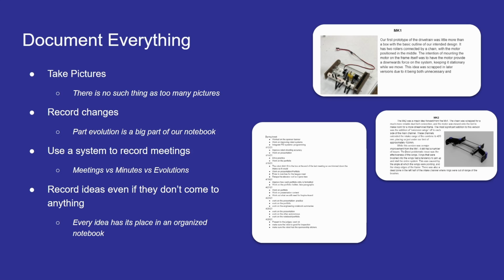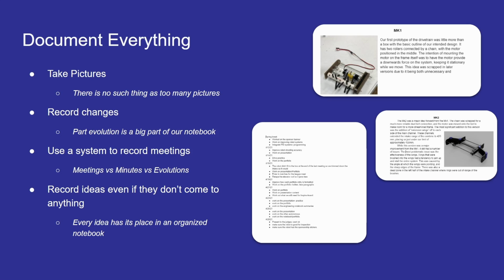Another thing to consider is the changes that you're making between each iteration. It's a good idea to record each of the flaws that a design has and how you're addressing them in the next design so that you can flow between designs easier and show your improvement. And just record ideas that you have even if they don't come to anything.